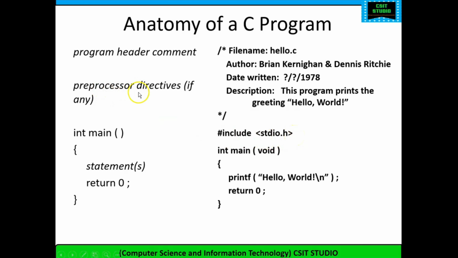A preprocessor directive we identify in a C program by this hash at the first column in any line. And after the preprocessor directive in a C program, there should be at least this function that is called the main function, and there can be many more functions, but for simplicity initially we'll have only the main function.